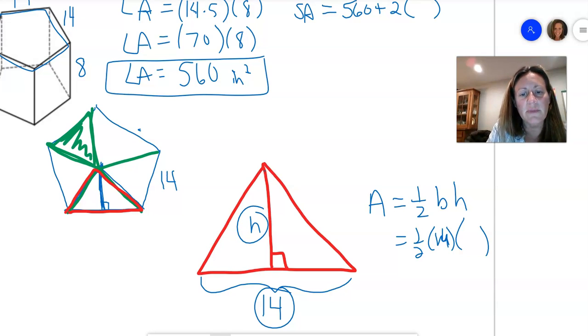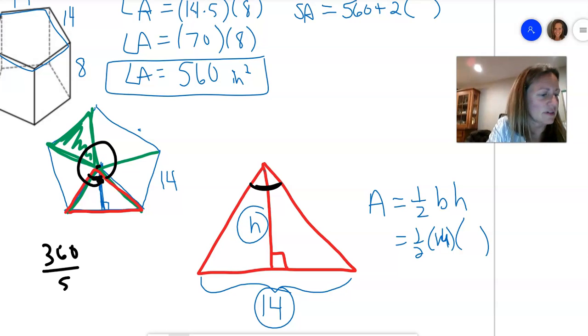Okay, first let me go back to this pentagon over here. Remember that the interior angle going around a point, that would be 360 total, right? So how much is this angle of the triangle right there? It would be 360 divided by 5, which is 72.